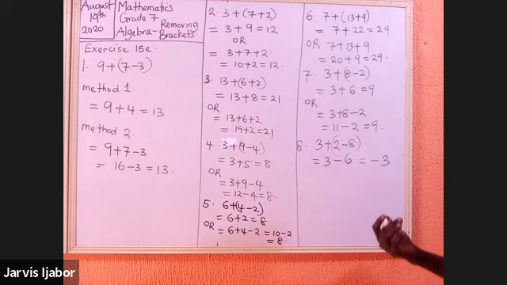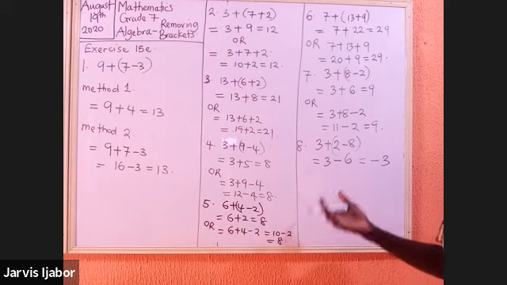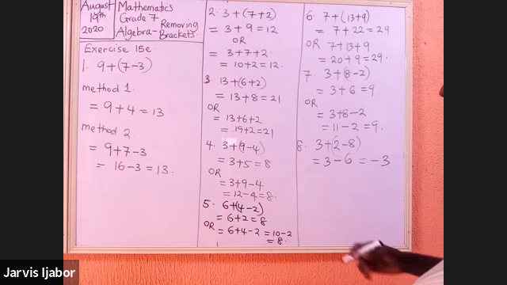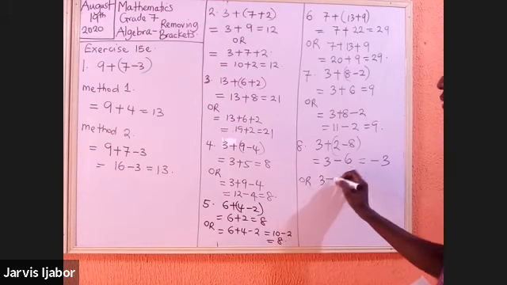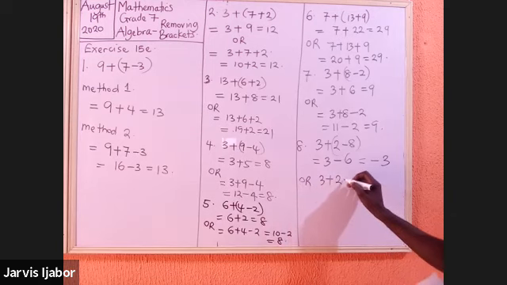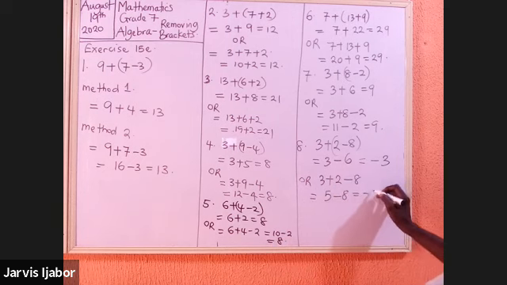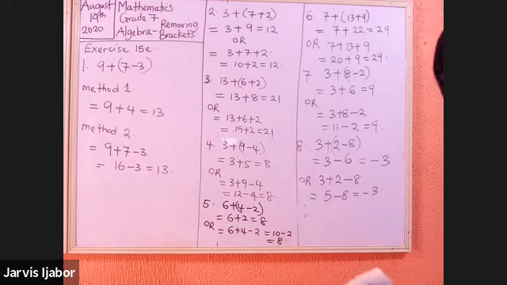The idea is that for you to have come into this, you should have done directed numbers. So your knowledge of directed numbers, that whole numbers can be positive or negative. Right, that said, or you simply do 3 plus 2 minus 8. This will now be what? 5 minus 8, which will be what? Negative 3. So question 9, maybe we should go to another part of the board to do question 9.